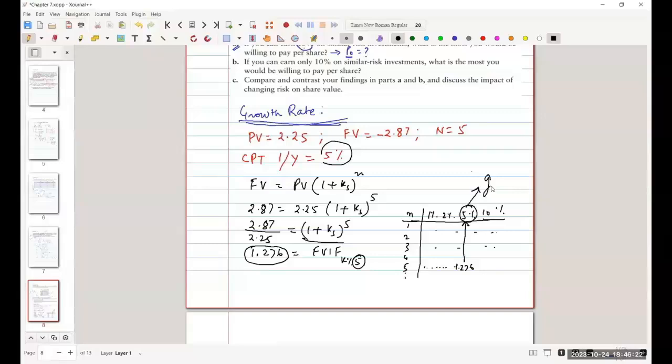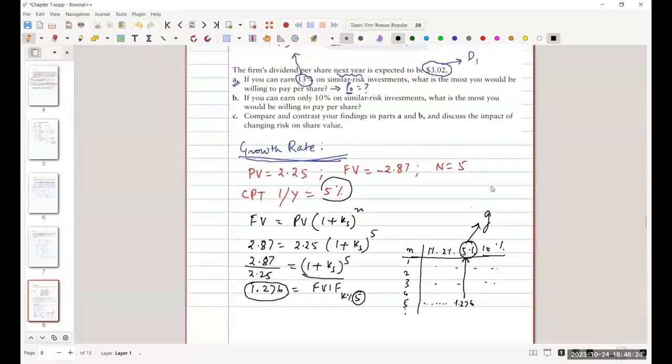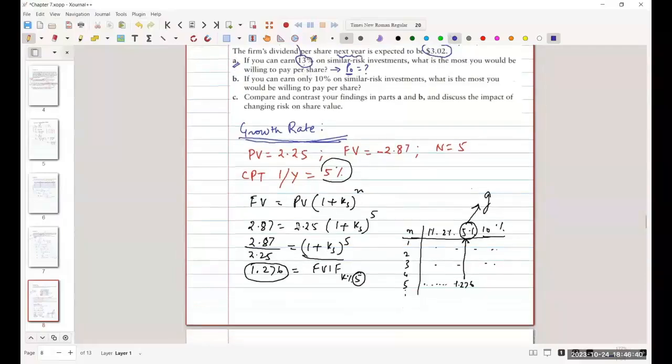Okay, so the original question was, if you can earn 13% on similar risk investments, what is the most you would be willing to pay per share? So let me change the color to blue and write it here. Now we have the inputs to get to P0. P0 would be equal to, what is the dividend next year?